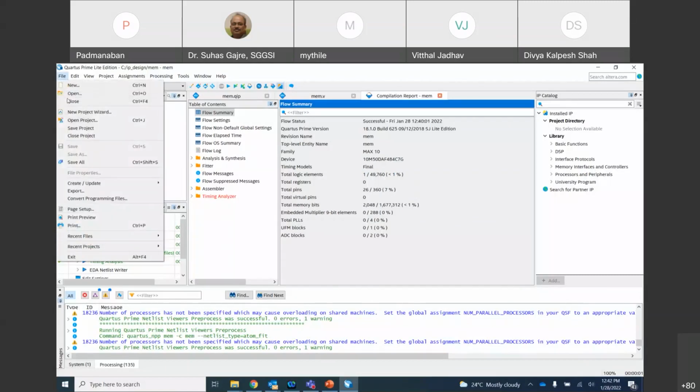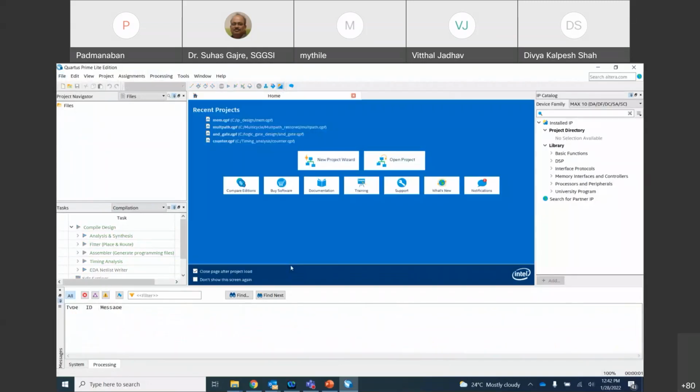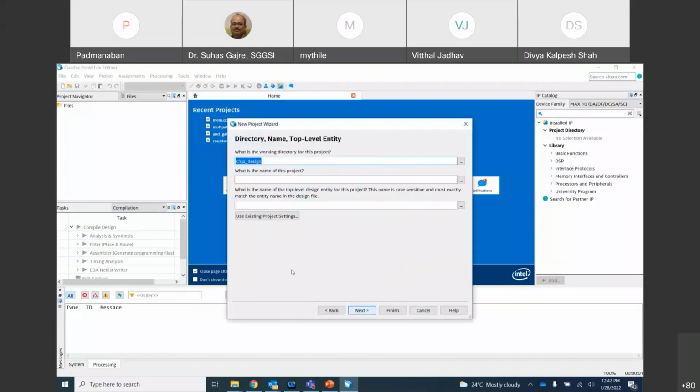Let us try it. Okay, so first you can close this project. You are opening a project, or you are creating a new project. There, we can try this logic. Create a new project wizard, and then say here, create a folder on the C drive, something like IP for design.